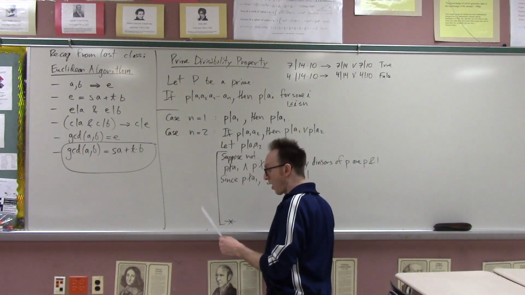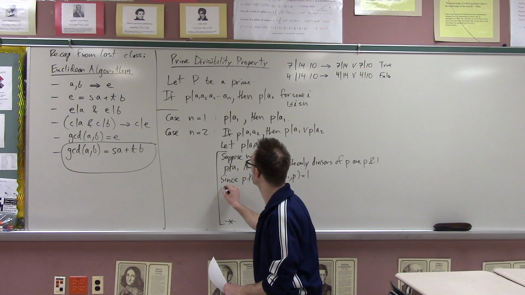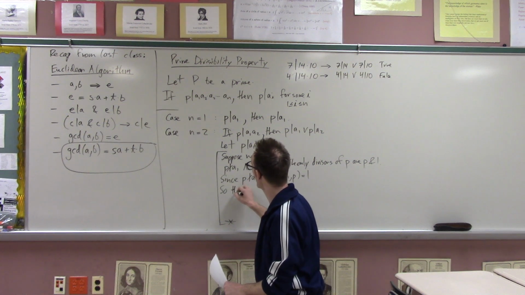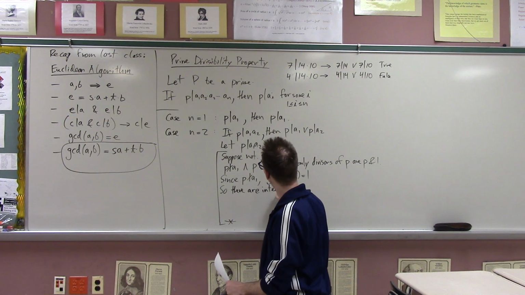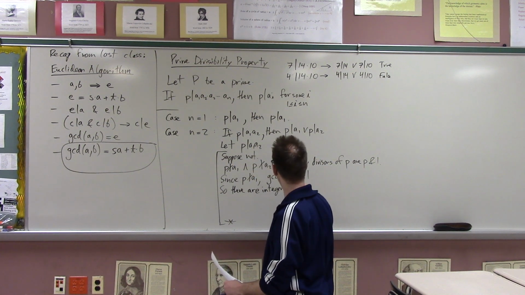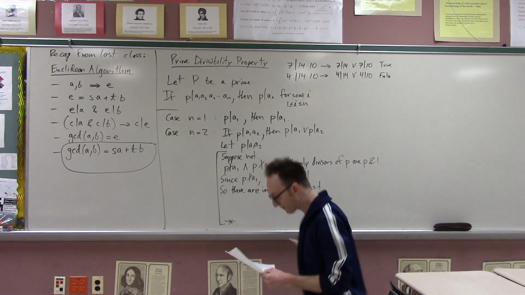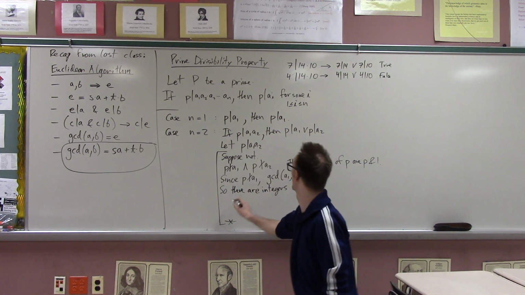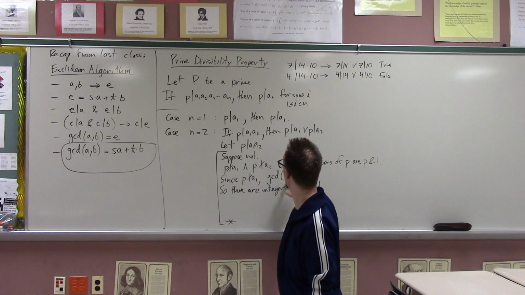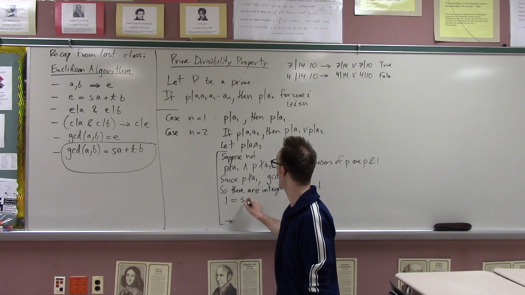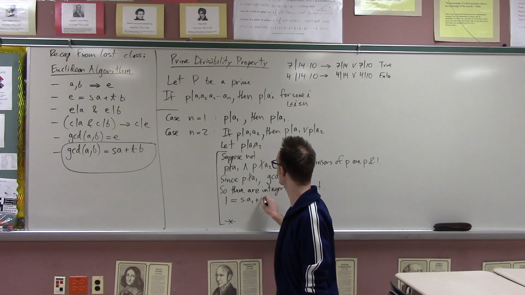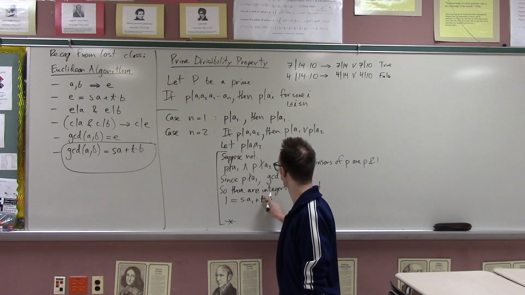So there are integers s and t such that the number 1, the GCD of a1 and p, can be represented as s times a1 plus t times p.